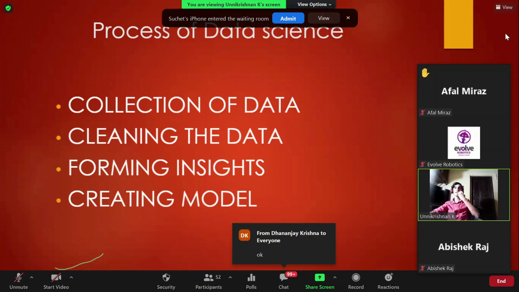And the next important step is creating a model. If you have studied machine learning, you might know what a model is. So simply, we are training the machine or training our computer and helping it to make predictions by itself. So suppose I'm giving a large amount of data to my computer.